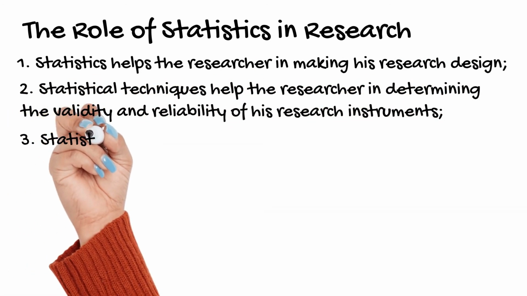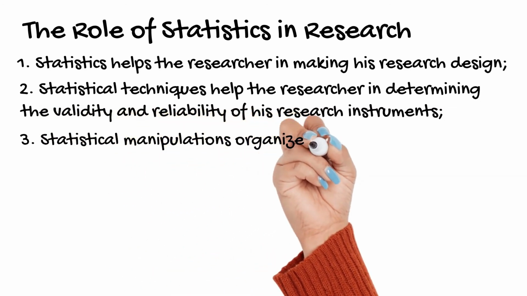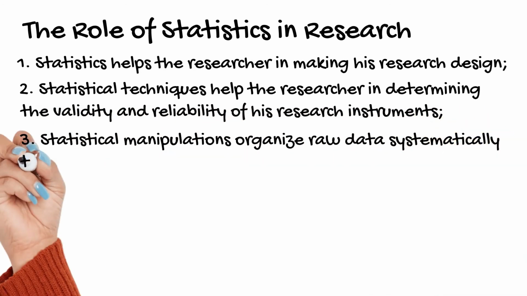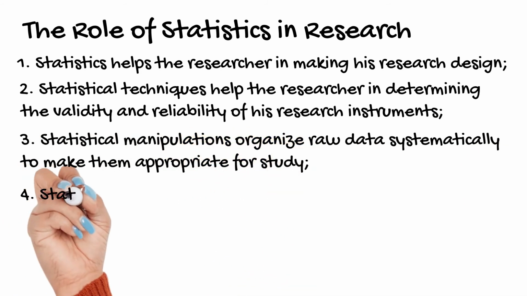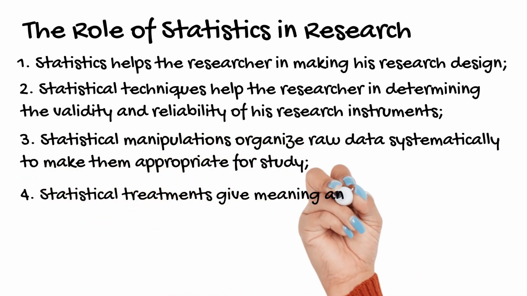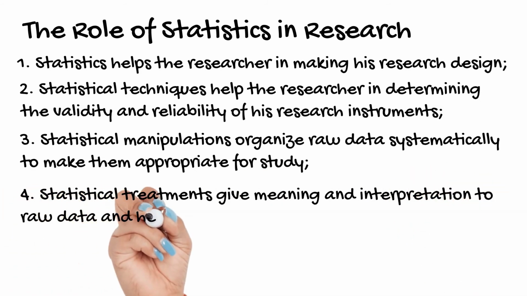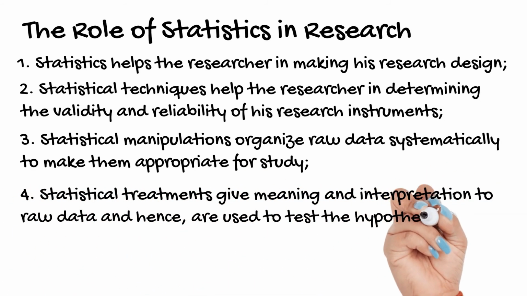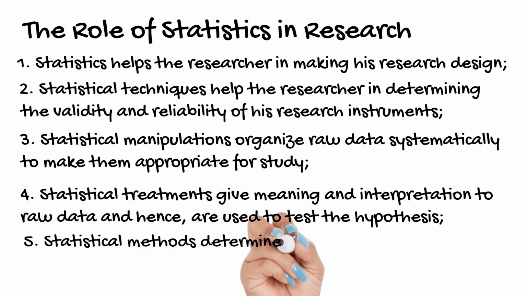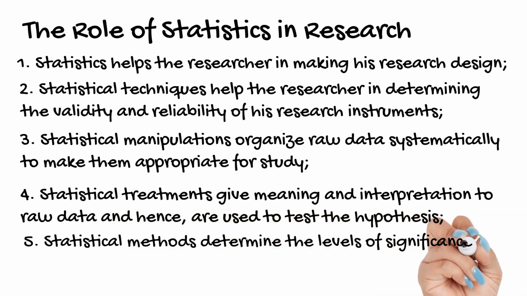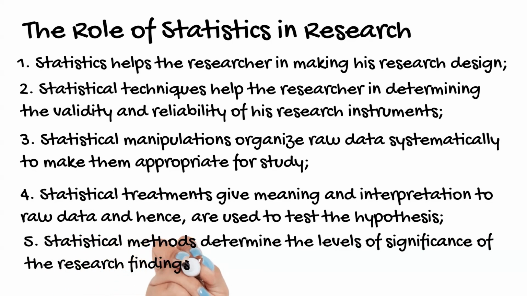Statistical manipulations organize raw data systematically to make them appropriate for study. Number 4. Statistical treatments give meaning and interpretation to the raw data and hence are used to test the hypothesis. And number 5. Statistical methods determine the levels of significance of the research findings.